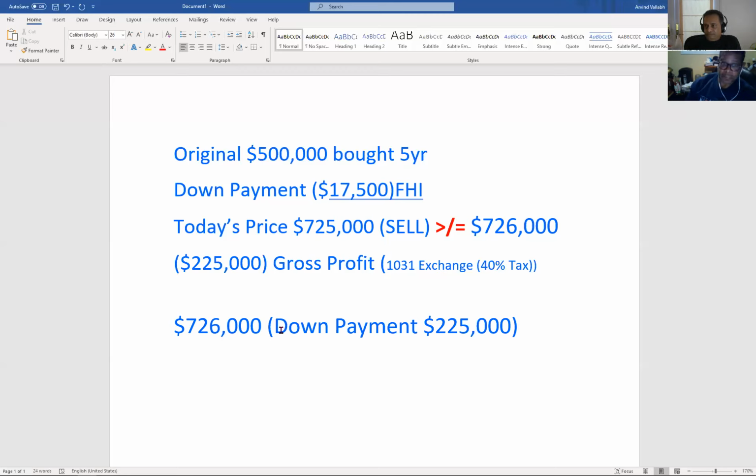How much debt? Well, since I only got 17 here, I'm going to have like 463,000, 462.5, something like that. Let's calculate. Use your calculator. That's 500,000 minus 175.